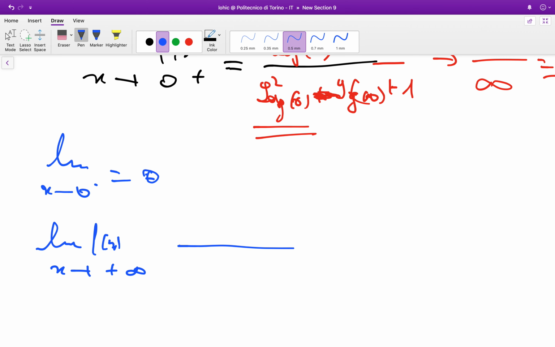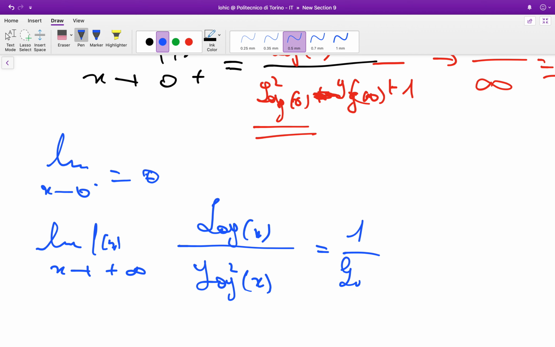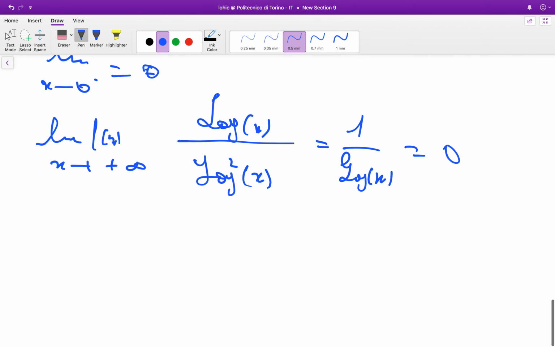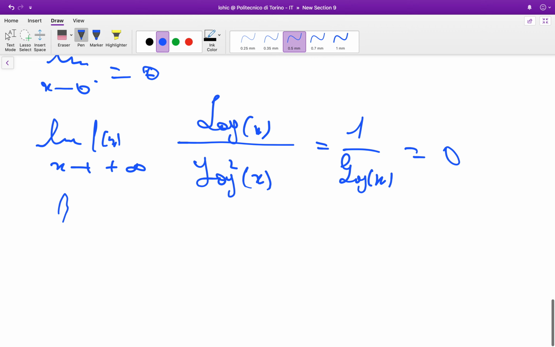It's the same. At the top you will just get log of x, right? Down you will get log square of x. Once more it will be 1 over log of x. It will be 0. So we deduce that as the function is even, the limit when x tends to minus infinity would also be 0.